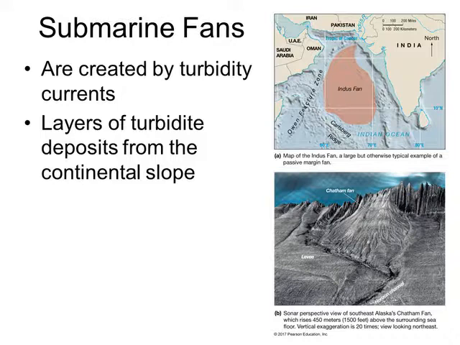So it's very giant. It's many kilometers wide. You can see a sonar image of it down on the bottom right hand there, of a different fan, but still a very big one, and it does transport a lot of material down into the ocean.